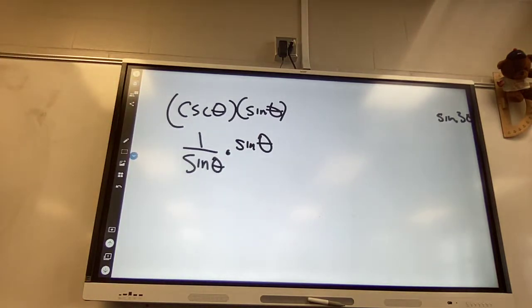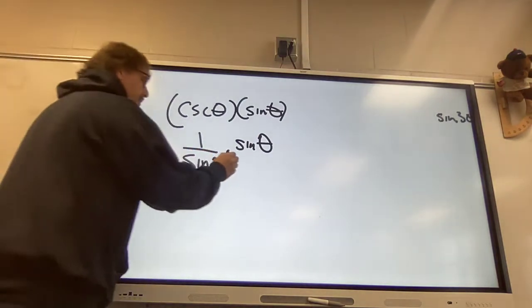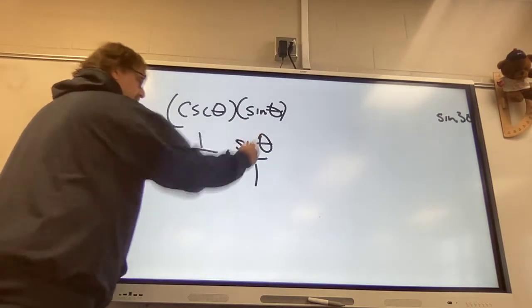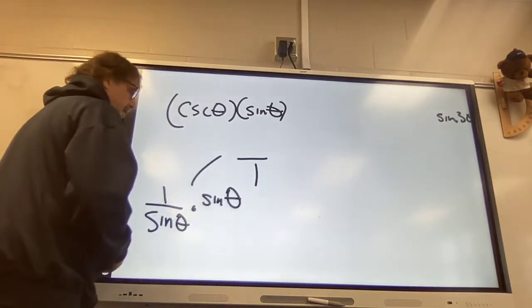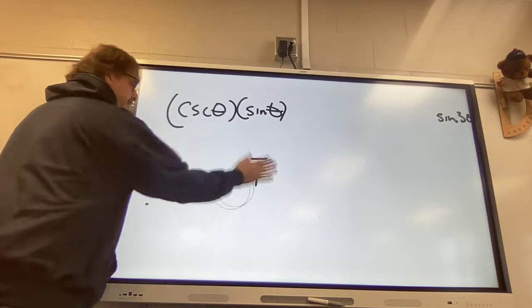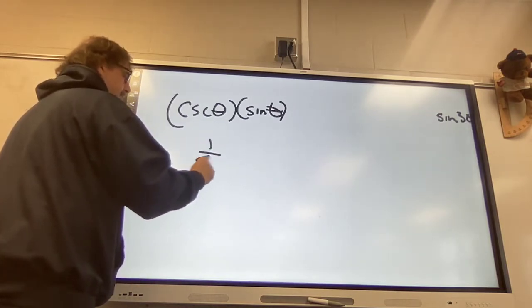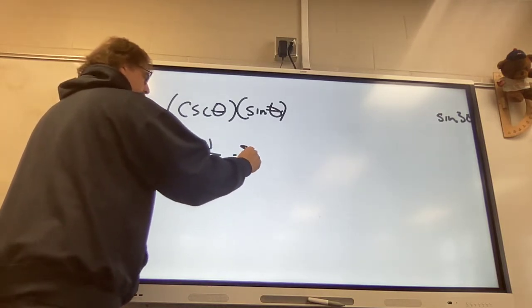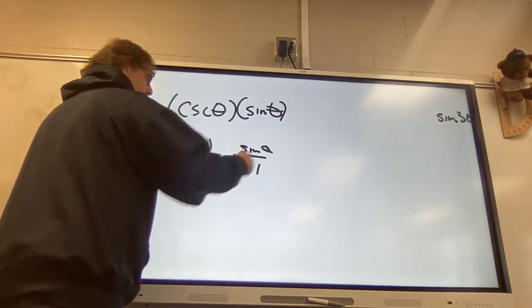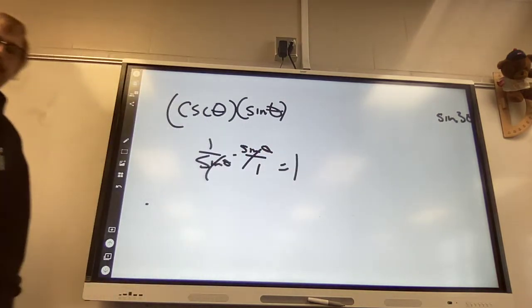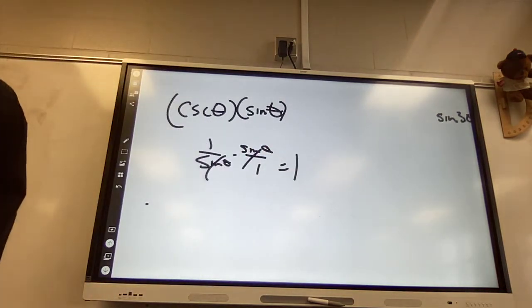If you've got a fraction, it's not a bad idea to make the other one into a fraction. Sines cancel into ones. That would simplify right down to 1. Cool.